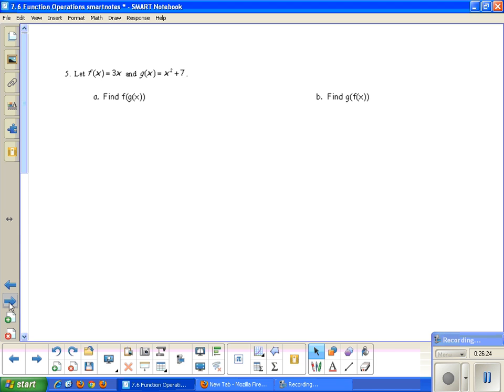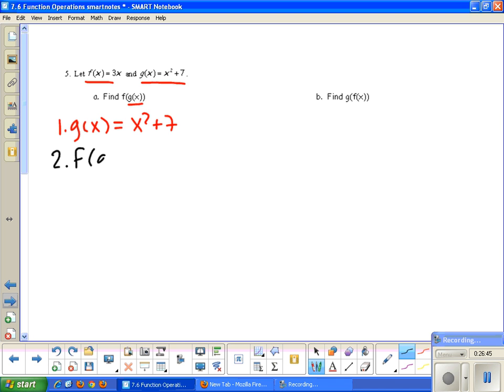So for the last example here, you're going to have to write this down. f of x is equal to 3x. g of x is equal to x squared plus 7. So for the first one, we're doing our inner function, which is g of x. And in this case, g of x is x squared plus 7. So then the second step is, remember, we're doing f of g of x.